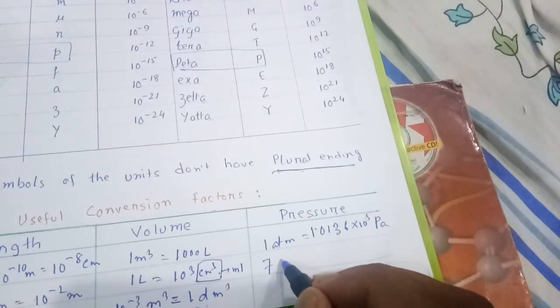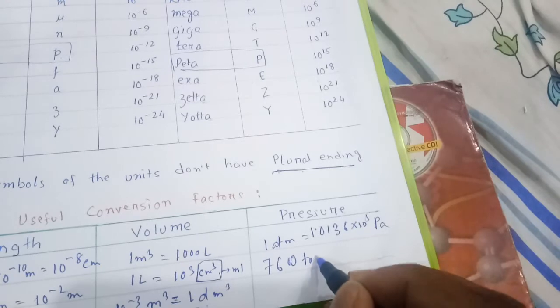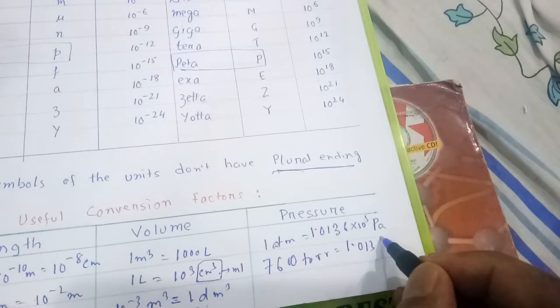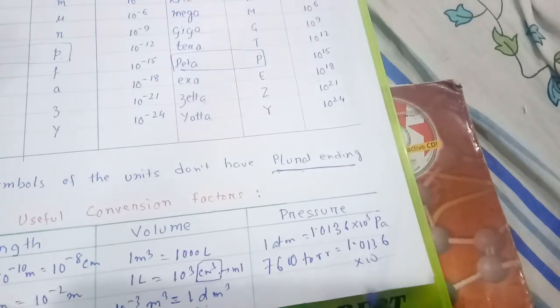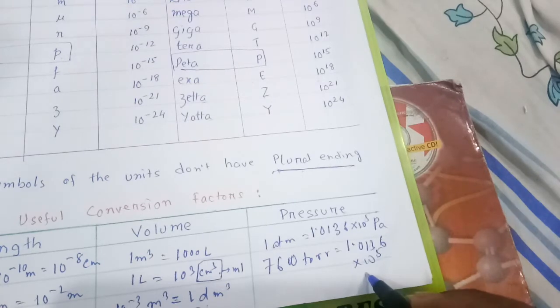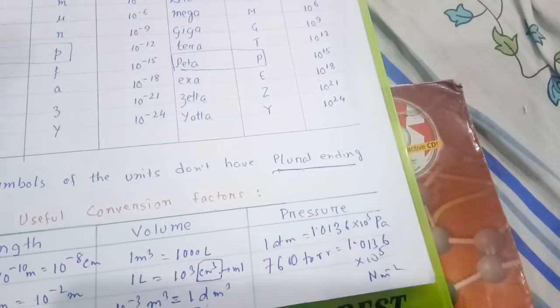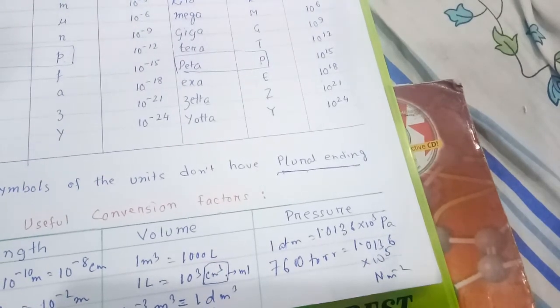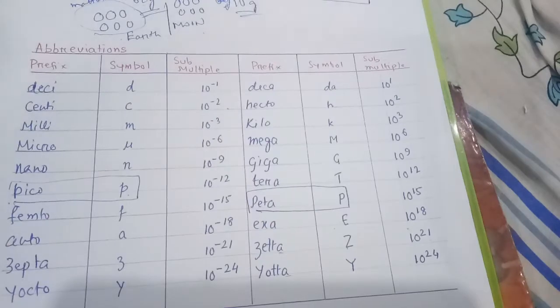Another one, 760 torr is equal to 1.0136 into 10 to the power 5 Newton per meter square. So this is what we have learned in this. You just go through them. You have to write all these things in your copy.